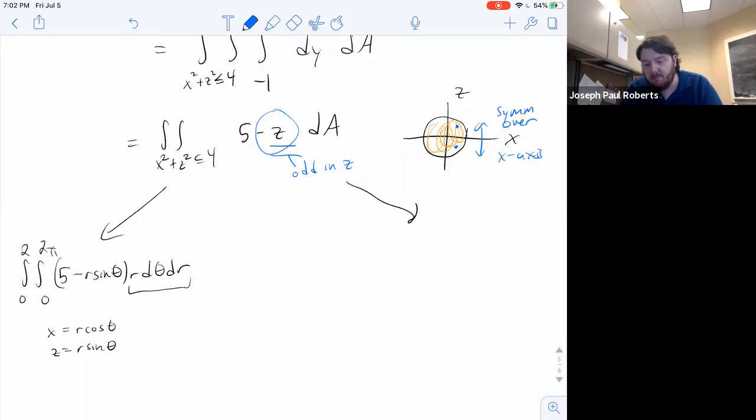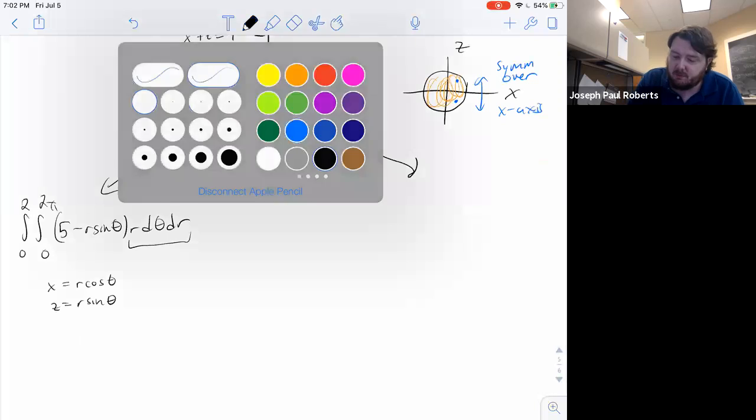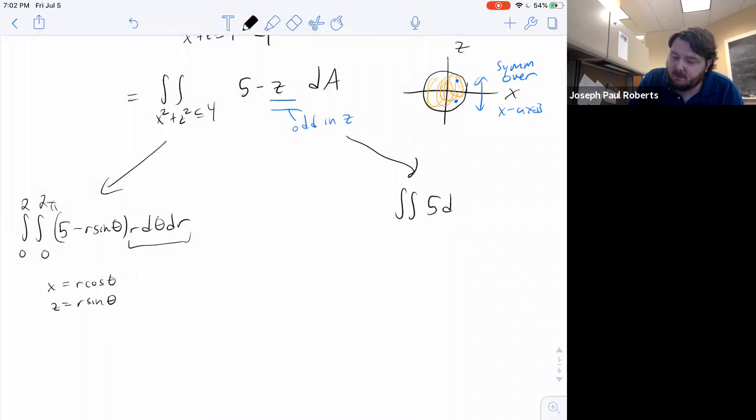This term minus z is negative when z is positive, and positive when z is negative, so the contribution of minus z works against itself on the upper and lower parts of this disk. And so you end up just getting the double integral of 5 over this disk of radius 2.